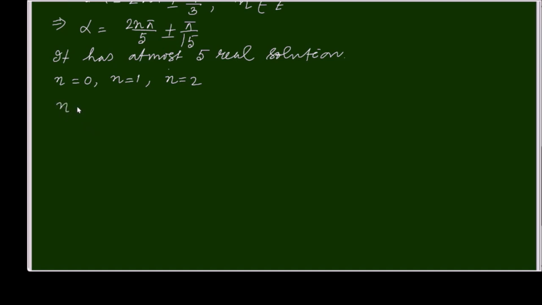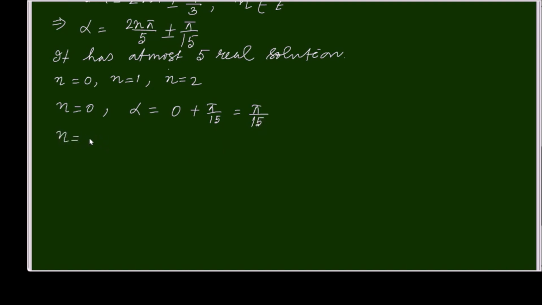When n is equal to 0, alpha is equal to 0 plus pi by 15, that is pi by 15.